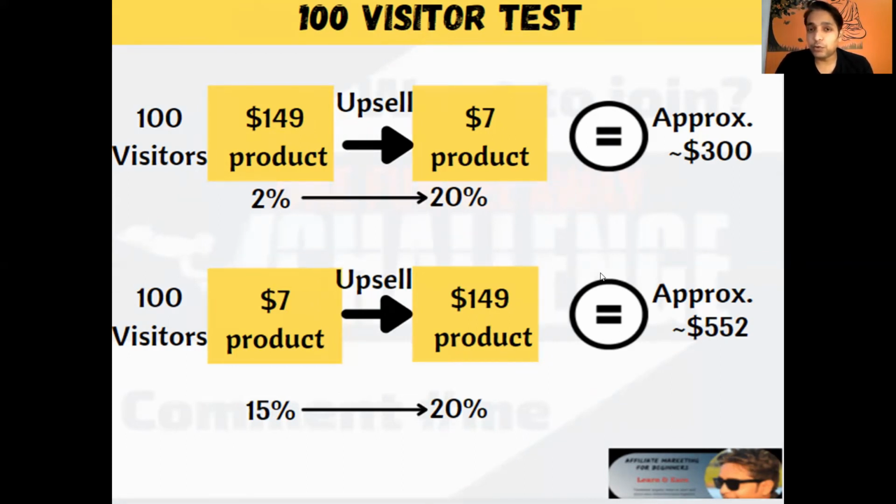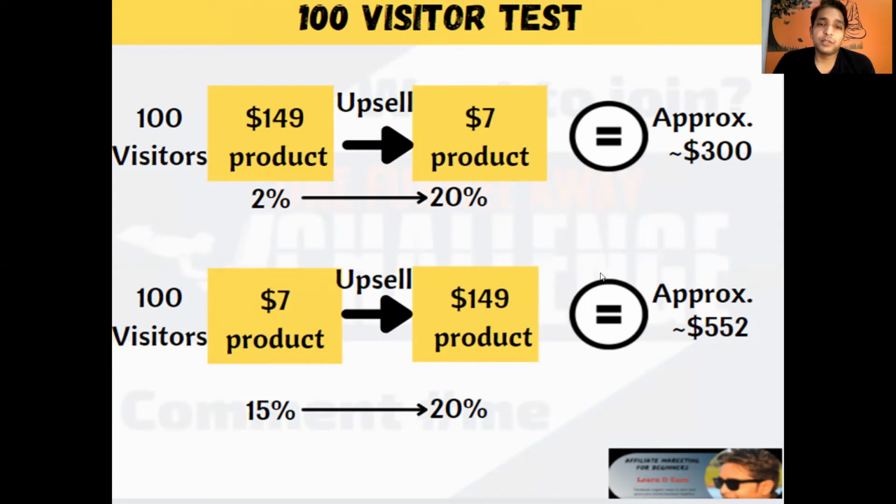So what do we get from this? If the product is very expensive in the first place, if you offer someone a $149 product, it is very hard to get the deal.